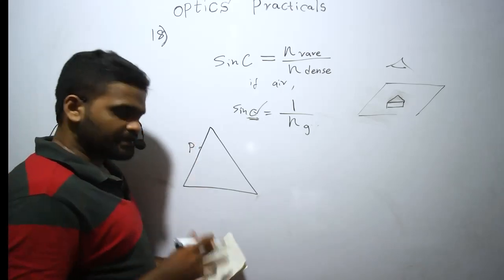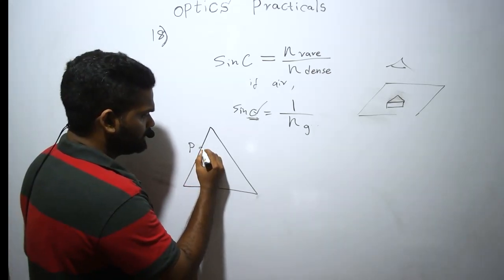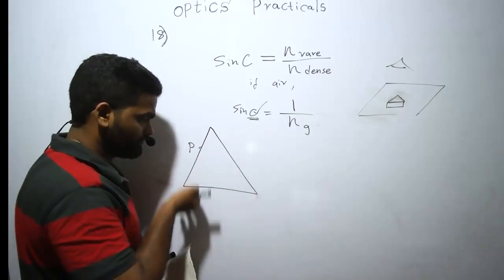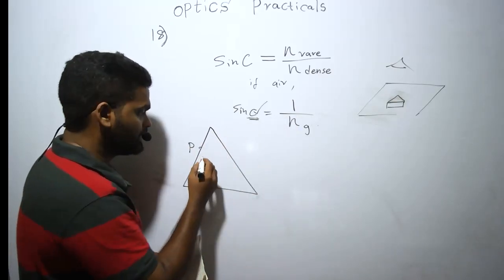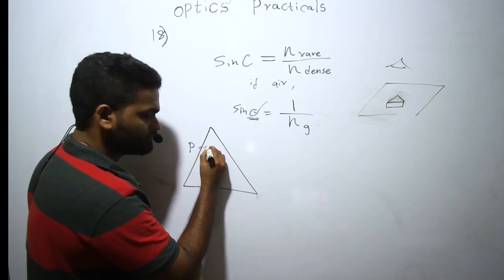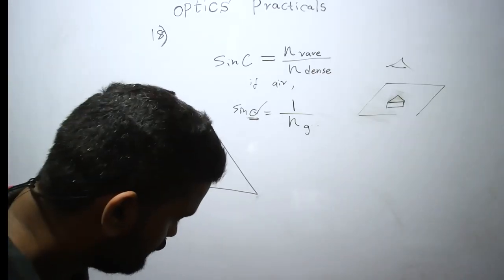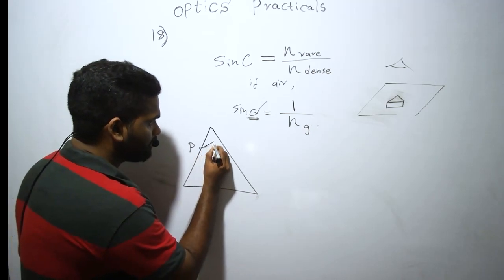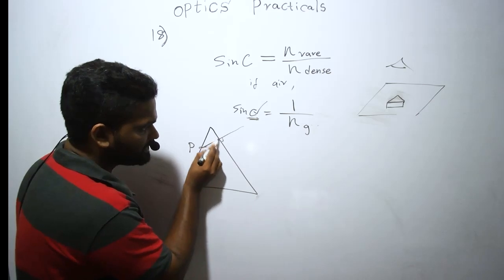So if it doesn't get refracted, the rays from P go everywhere, right? But we only need rays incident on the prism. You can think about a ray like this, a ray which goes perpendicular to this side.